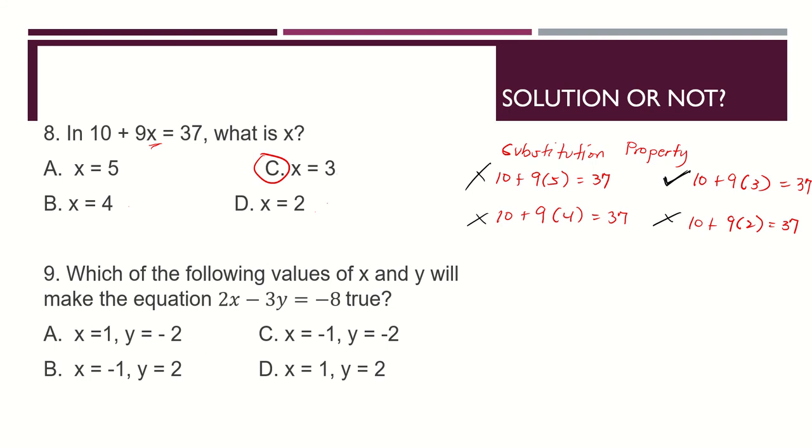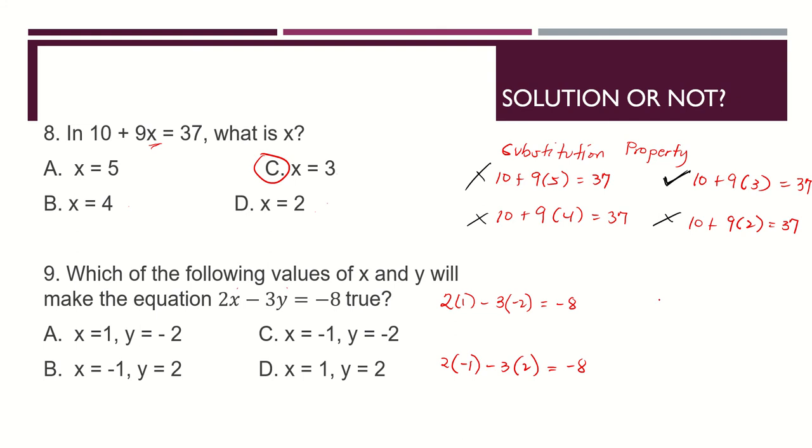We replace x and y with the given value of the variable, no? So, i-substitute ko muna siya lahat on one side. So, you have 2 times ang x mo sa letter A is 1. Ang y mo sa letter A ay negative 2. Check natin kung ano yung mag-aano. Then, 2 times negative 1 minus 3 times 2.